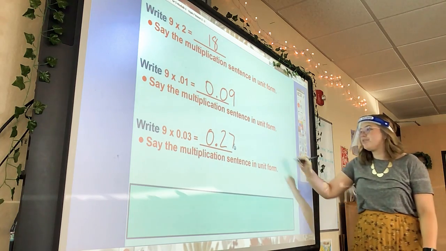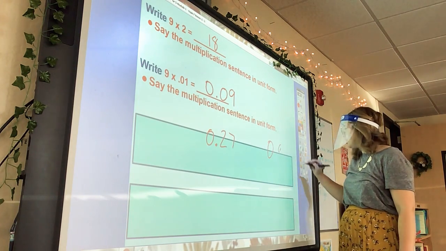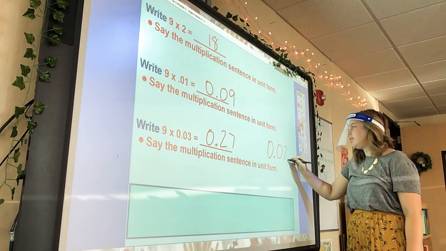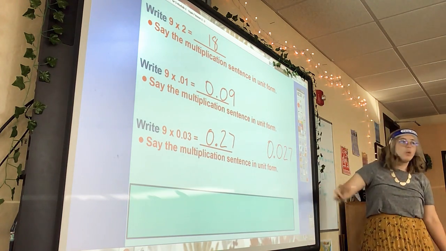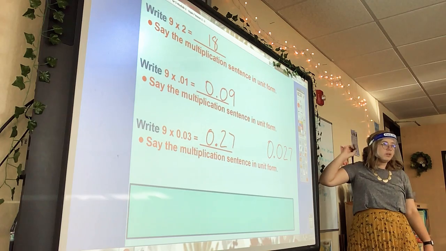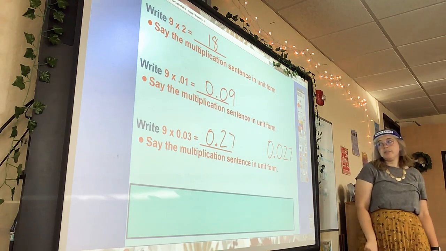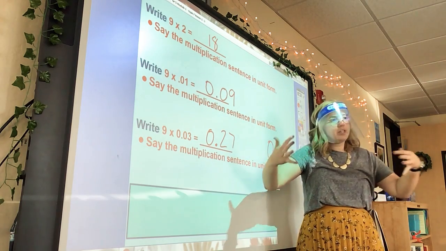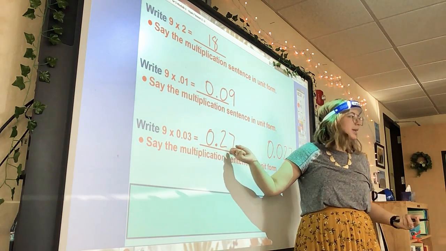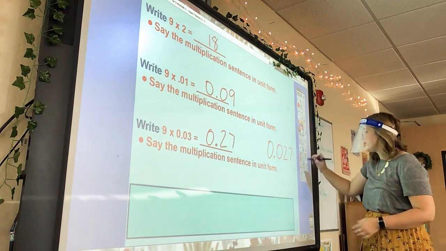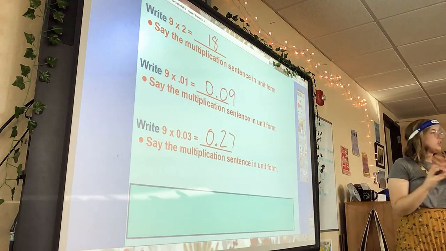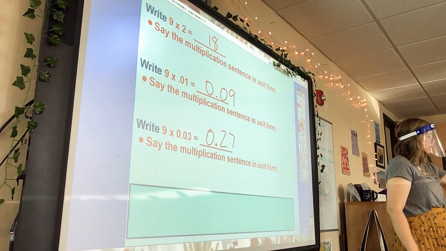So make sure you don't write it like this, right? Because that's what instead, go. 27 thousandths, right? So you got to make sure the last digit of what you're talking about is in the hundredths place. So 27 hundredths, right? Okay, and if that's confusing, you can put it in a place value chart, move things over, do that sort of thing, okay?